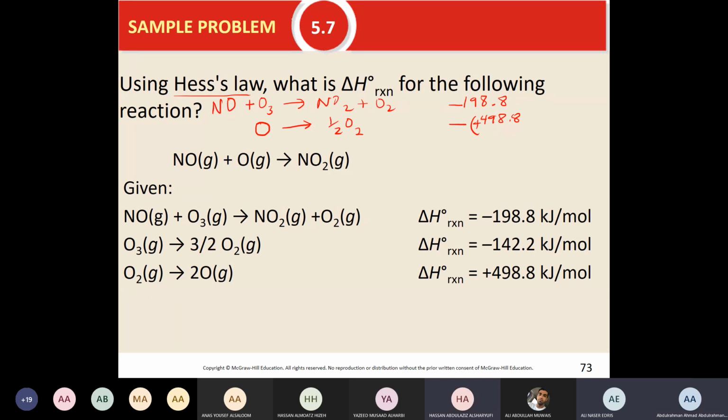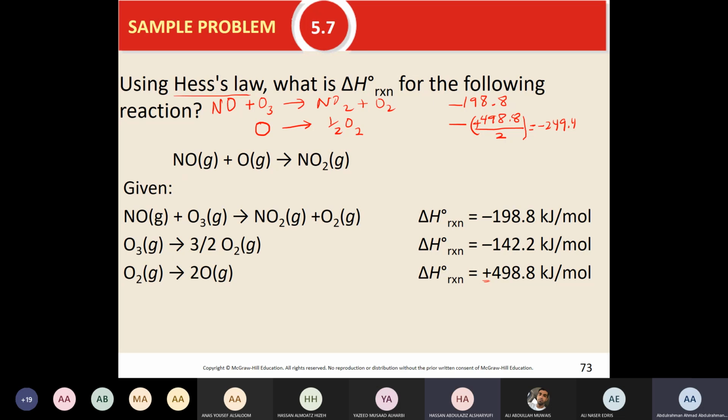Because it's plus here, I keep it as is, divided by 2. What's the answer? I need an answer. Minus 249.4.